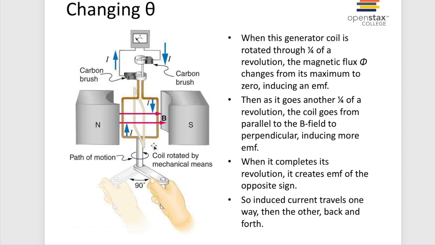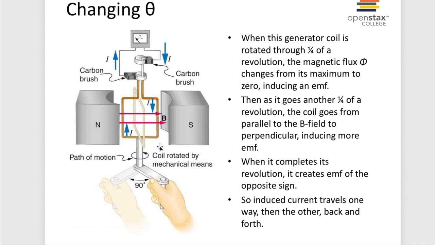If I turn it 90 degrees so that it is in the faded out position, now there's a maximum amount of flux. The area vector and the B field vector are going the same direction, so I maximize the amount of coil that's facing the magnetic field. So I get the most magnetic field going through it. I have gone from zero flux to a maximum amount of flux, whatever B times A is.